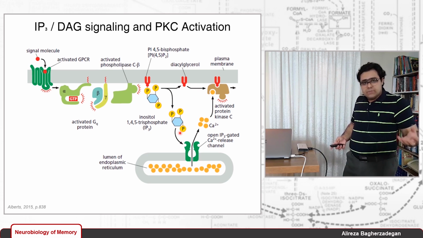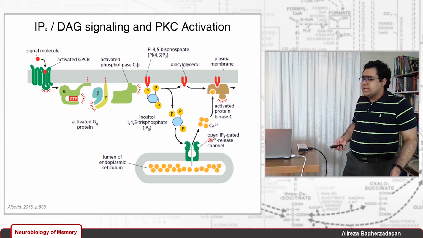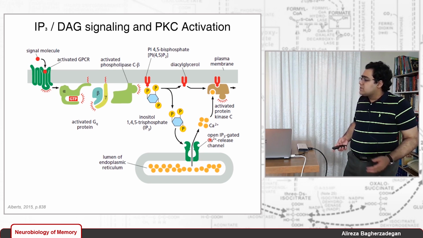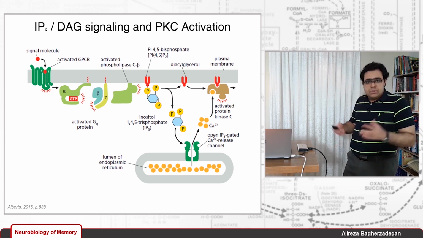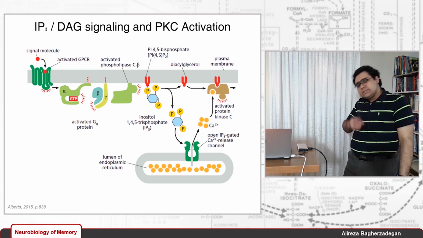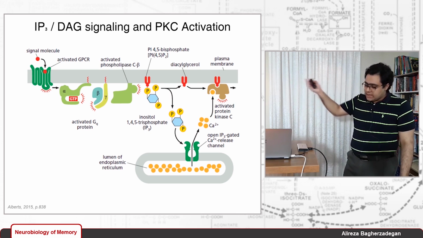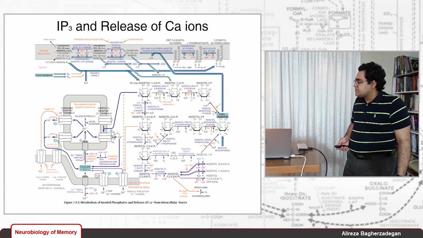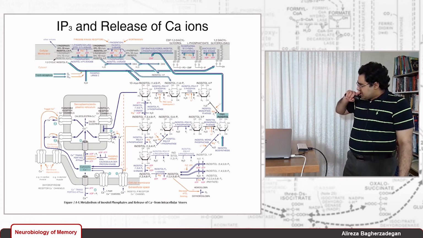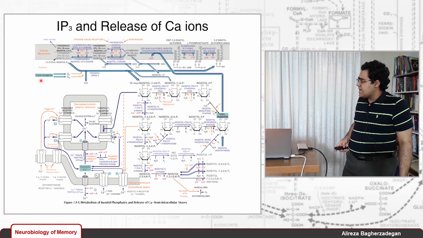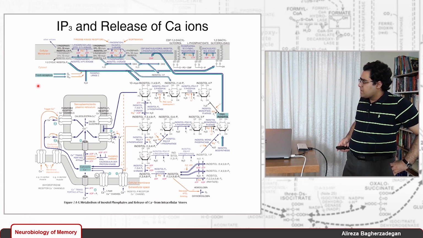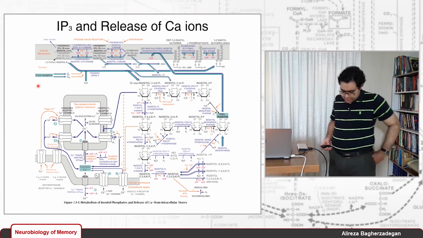IP3 activates an IP3-gated calcium ion channel, and it's going to release calcium in the cell. And diacylglycerol stays in the membrane and it activates protein kinase C, and protein kinase C in turn activates other enzymes or effectors. So this is somehow the same signal transduction pathway.